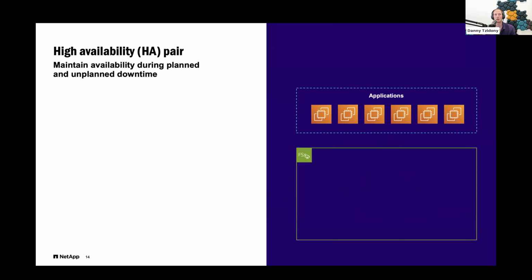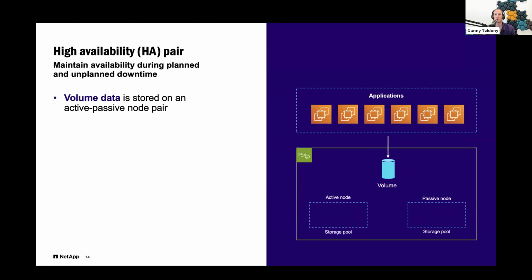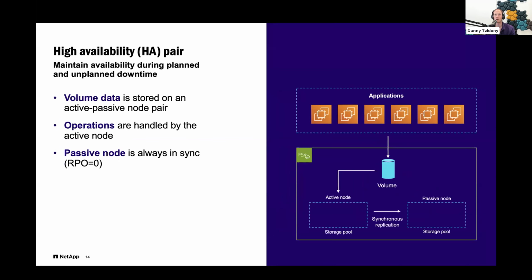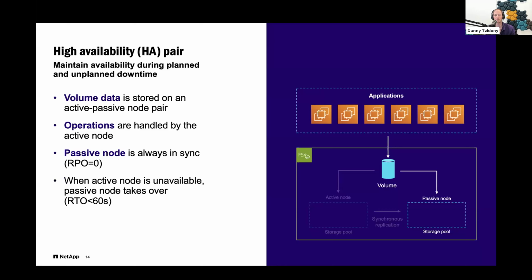Let's start talking about the HA pair. Essentially, we have our volume data. The volume is the logical point where you keep your application data on FSx. It is stored on an active-passive node, and now with Gen 2, it's going to be active-active as well. Operations are handled by the active node. You've got a passive node, which is always in sync with a recovery point objective of sub-second, meaning that if the active node fails, the passive node takes over, and the recovery time objective is under 60 seconds, and essentially you're up.